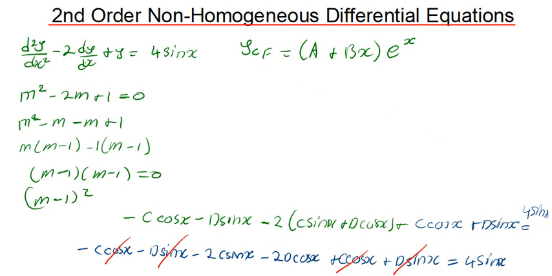So we have minus 2c sine x minus 2d cos x is equal to 4 sine x.